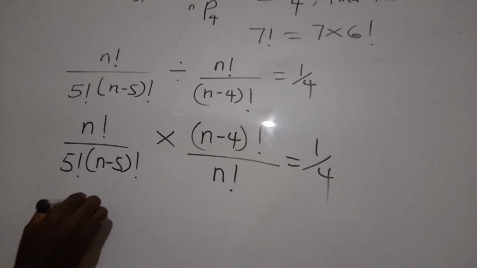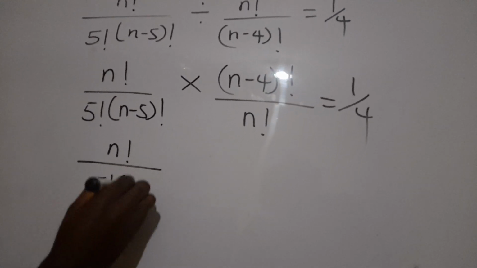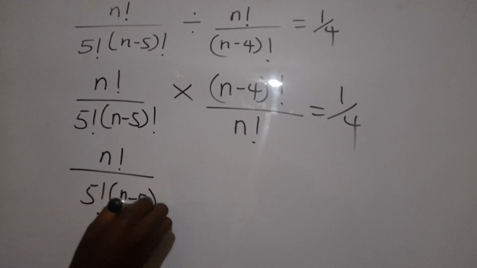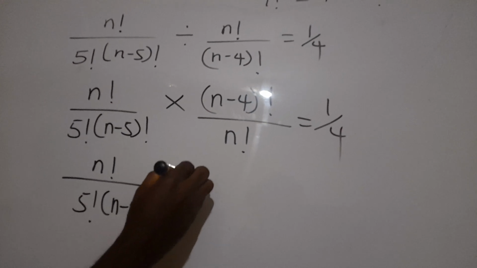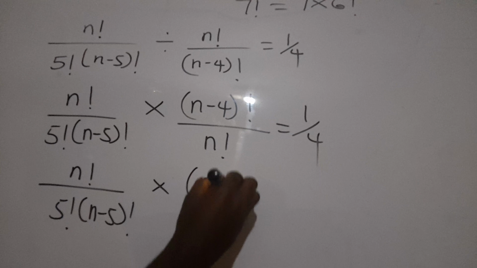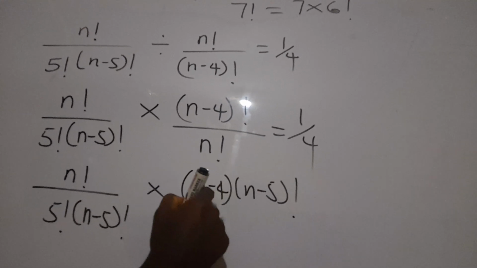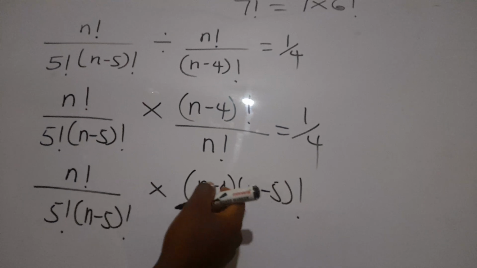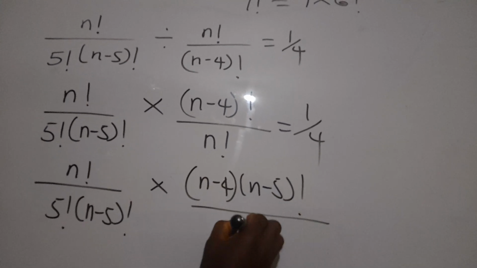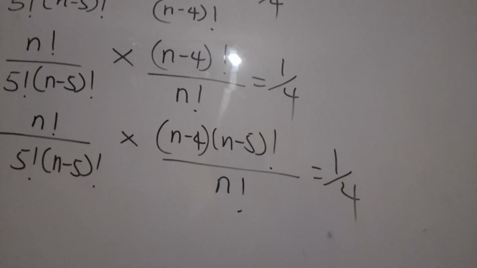So we'll say this will be n factorial over 5 factorial times (n minus 5) factorial, then times (n minus 4) times (n minus 5) factorial over n factorial, and that will be equal to 1/4.